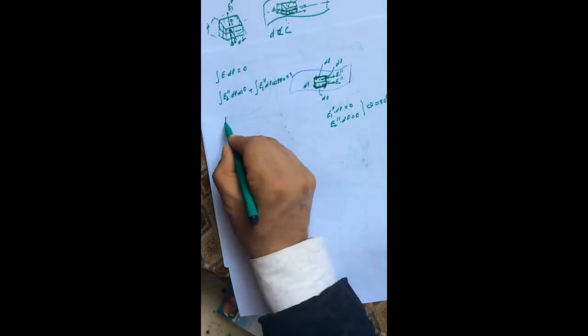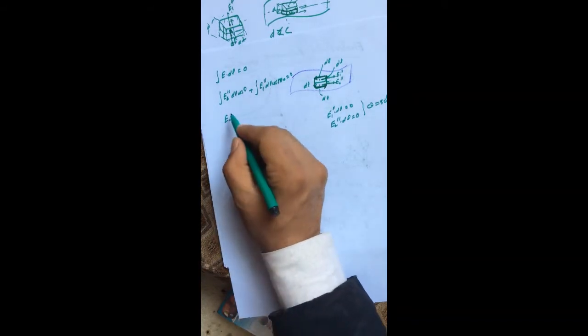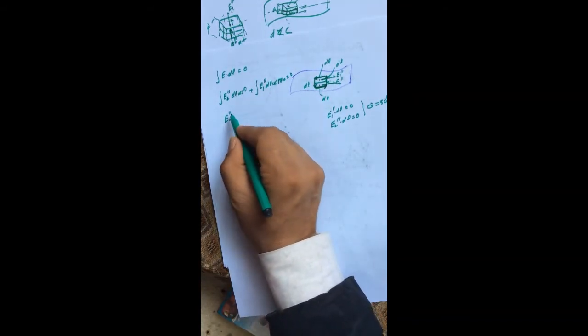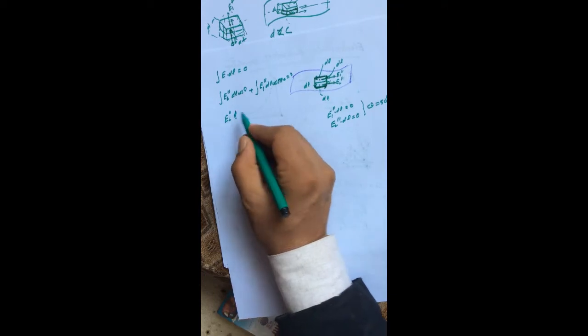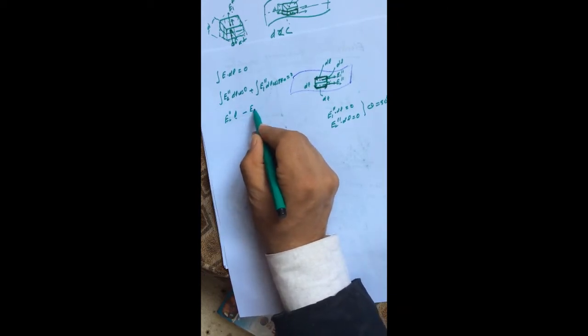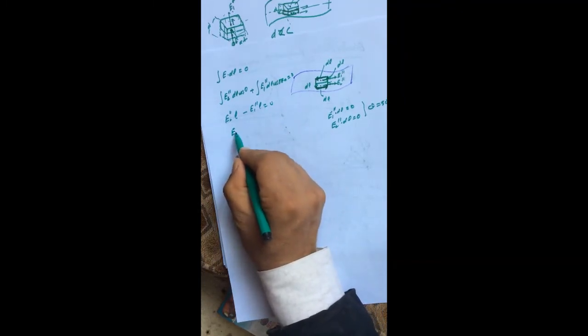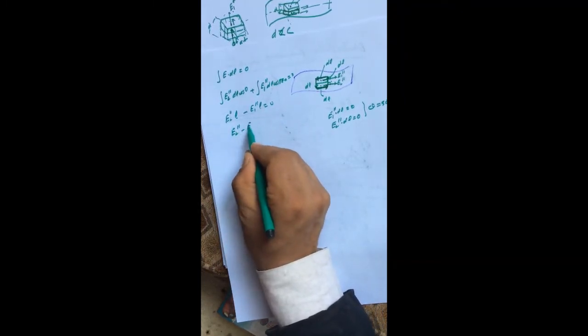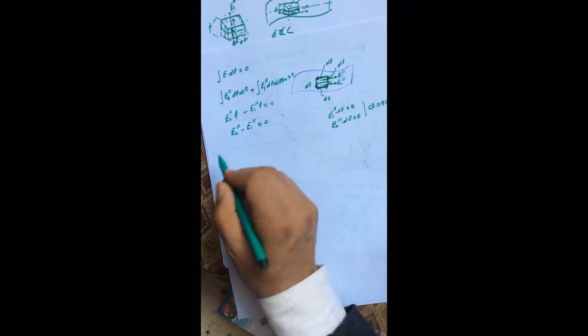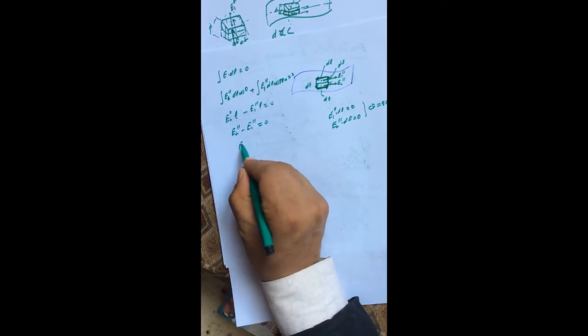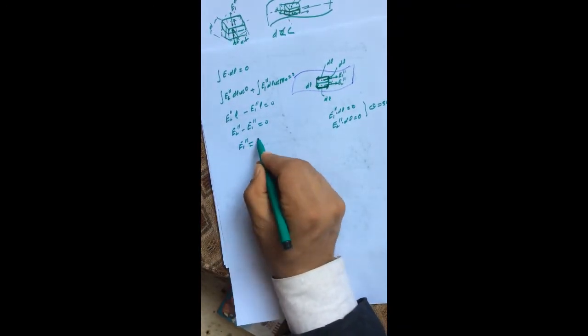This implies that E2 parallel times L minus E1 parallel times L is equal to 0. We can say that E2 parallel minus E1 parallel is equal to 0. I can say that E1 parallel is equal to E2 parallel.